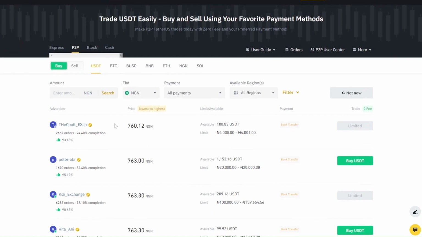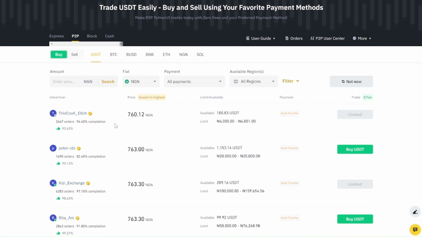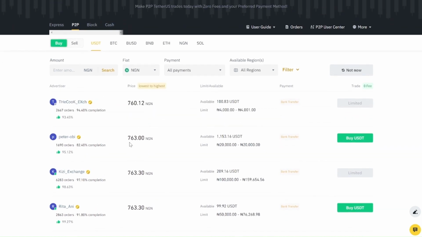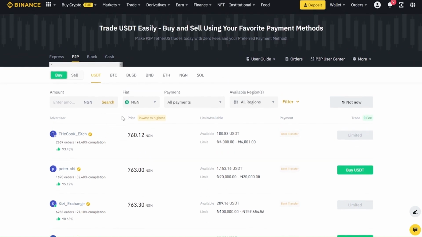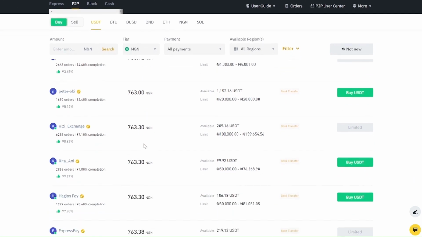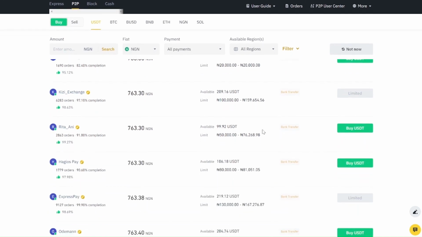And right here, you see this dollar to Naira is trading at 760.12. And if you scroll down, people are making sell orders over here, because if someone makes a sell order on Binance, it's going to bring it to anyone who wants to buy from that person as a buy order.